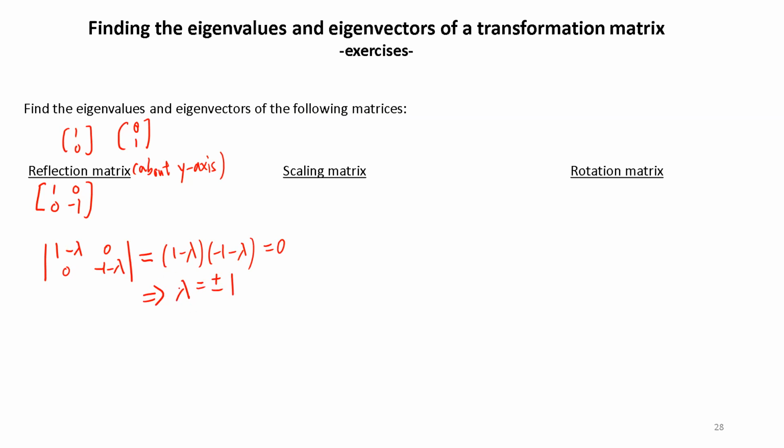If you put these lambdas back into the system, for lambda equals 1, the system becomes 1 minus 1 x plus 0 y equals 0, and 0 x plus minus 1 minus 1 y equals 0.